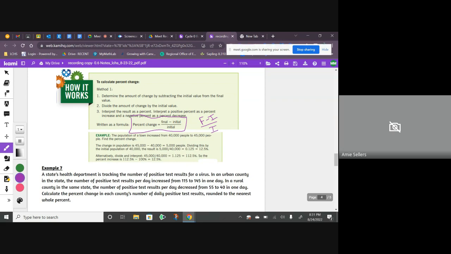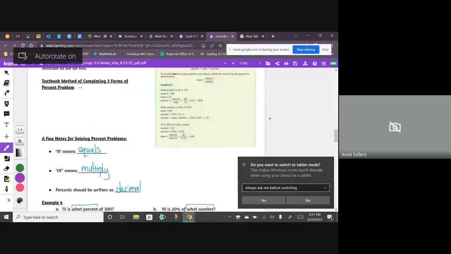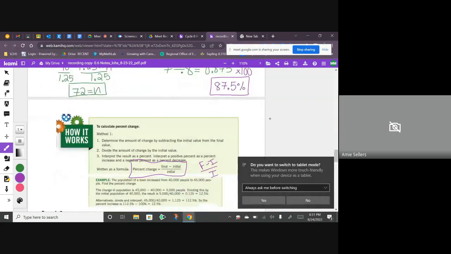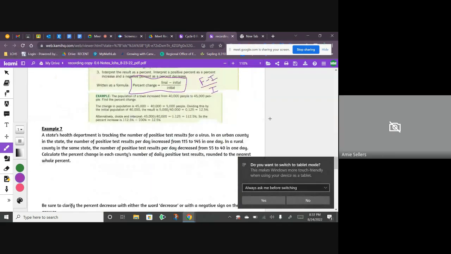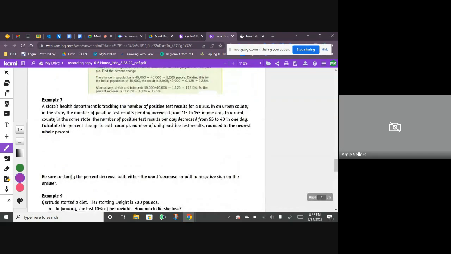Starting with example 7, it says, oops, sorry, it automatically scrolled. It says a state's health department is tracking the number of positive test results for a virus. Wow, this sounds so unfamiliar. In an urban county in the state, the number of positive test results per day increased from 115 to 145 in one day.